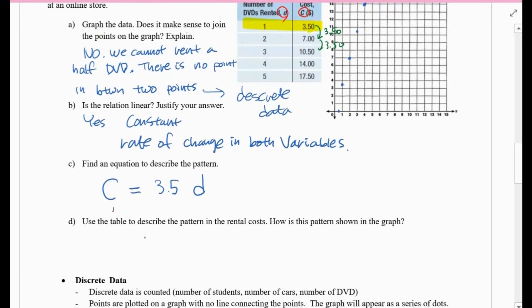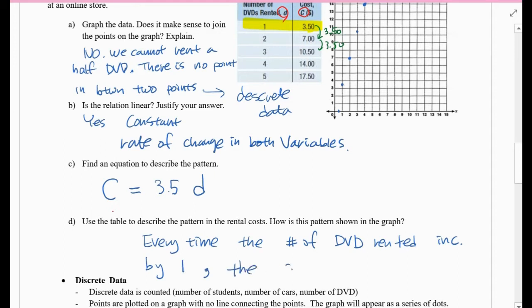So every time the number of DVDs rented increases by 1, the cost increases by 3.50.